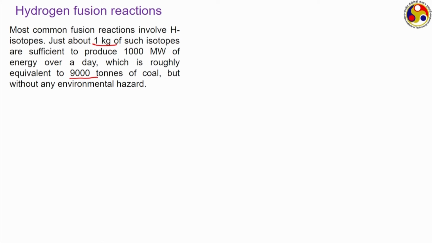In the case of coal-based reaction, we get several products which can cause environmental hazards. Carbon dioxide of course is there, and we can also have carbon monoxide and NOx. If the coal contains sulfur, we can have SOx, that is sulfur dioxide or sulfur trioxide, etc. All of them are environmentally polluting. But what are we getting from the fusion reaction?